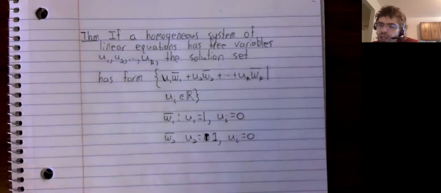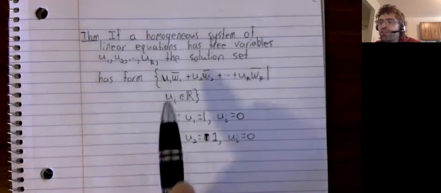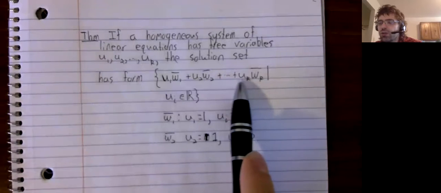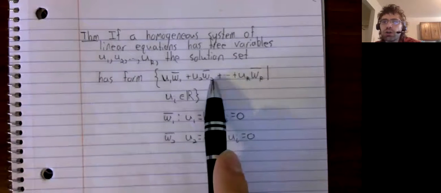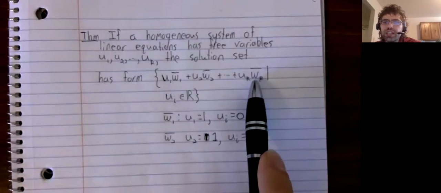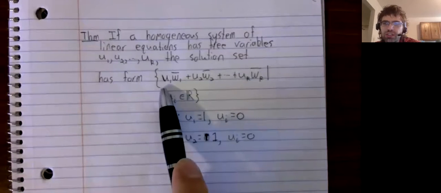We get it by setting u sub 2 equal to 1, and all the other u sub i equal to 0. And where I'm going with this, again, for those with a linear algebra background, is that the full set of solutions is a linear combination of linearly independent solutions.